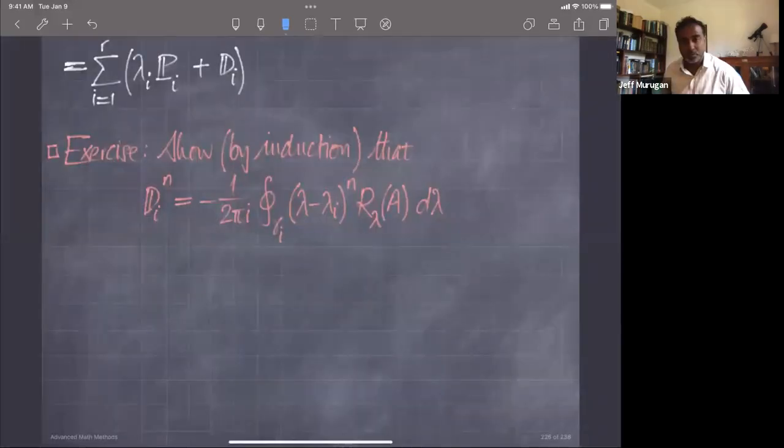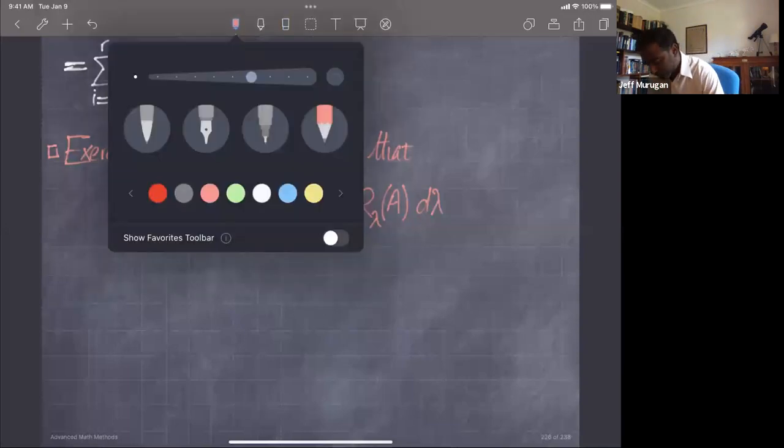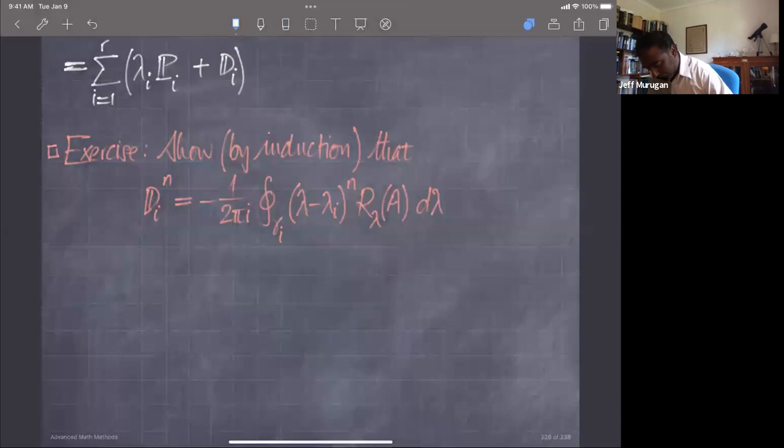Now I'm going to make an argument for the object di, because I'm giving you as an exercise to show that di raised to the nth power just raises the lambda minus lambda I to the nth power in the integrand. Okay. Now let's note that the following is true.